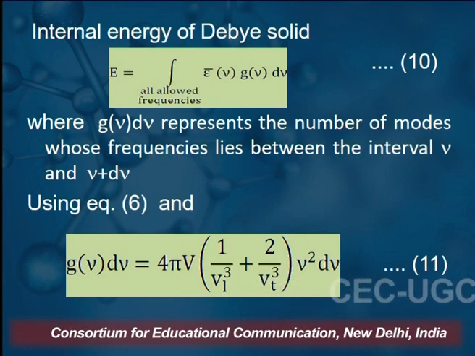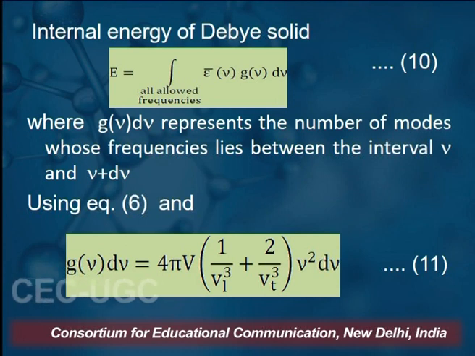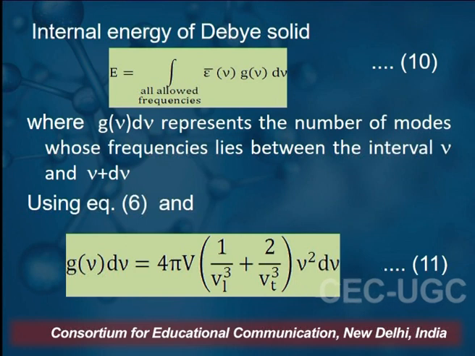Now, the internal energy of the Debye solid should be equal to the integral over all the allowed frequencies of epsilon bar nu into G nu d nu. G nu d nu represents the number of modes whose frequencies lie between nu and nu plus d nu. Using equation number 6, G nu d nu will be given by 4 pi V (1 by vL cube plus 2 by vT cube) into nu square d nu.